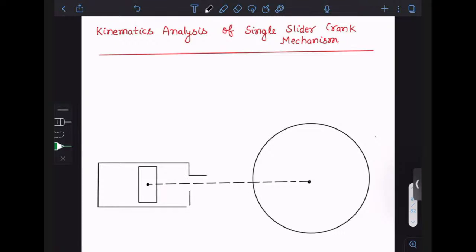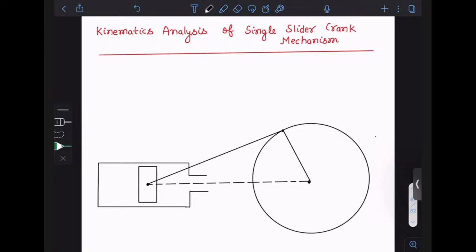See everyone, here is the connecting rod. This is the crank. So this is the diagram.